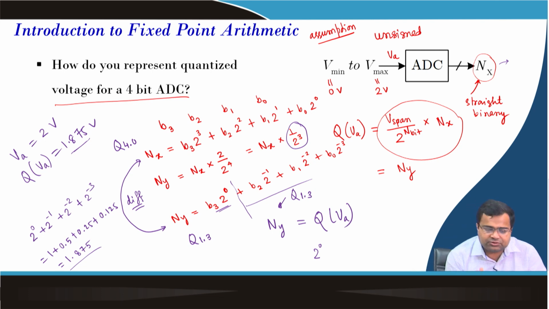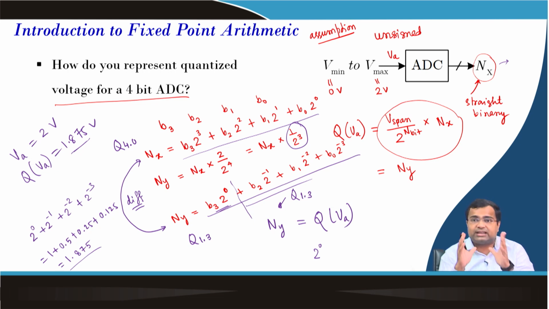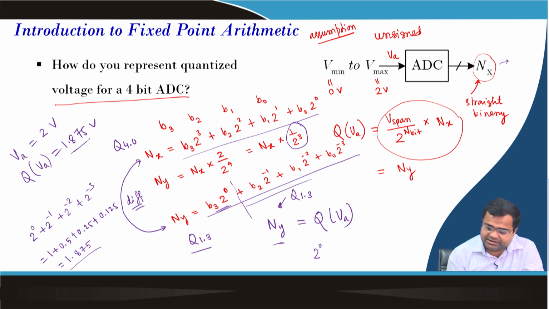But what we understood from here is that instead of writing the actual binary all the time, we can write in terms of Q format, and there is a standard way that tells you how to map a binary number to a real-world voltage. So, in Q1.3 format, this is a real-world number. For example, if the bits are 1, then 0 0 1, then in Q1.3 what is the number?